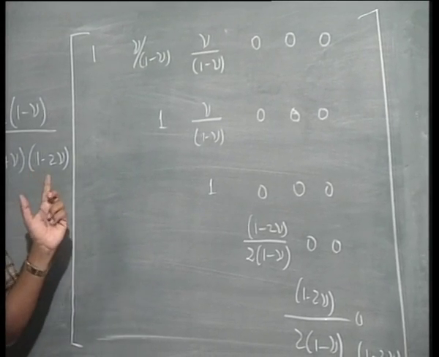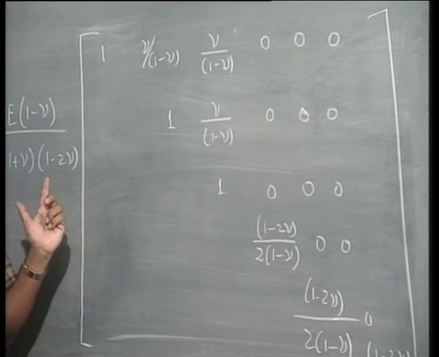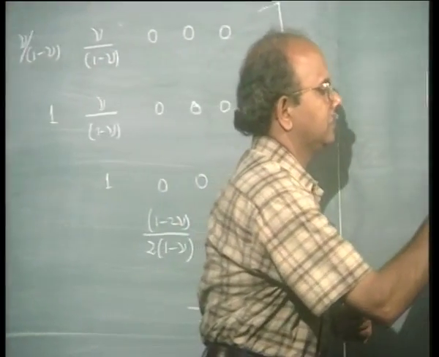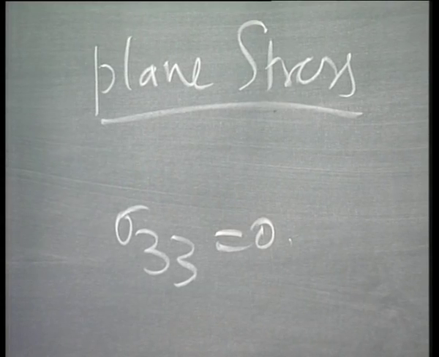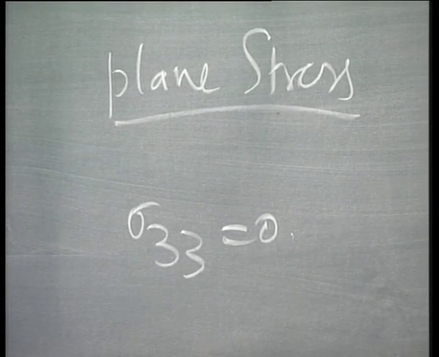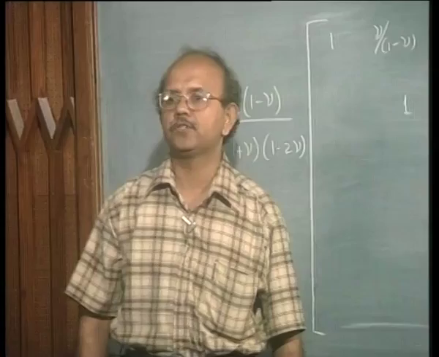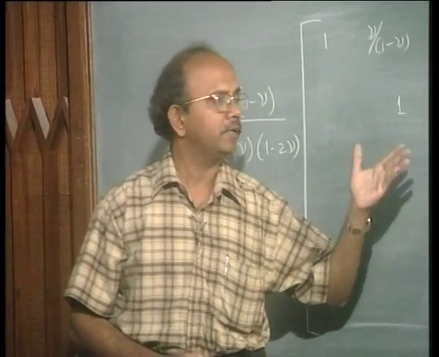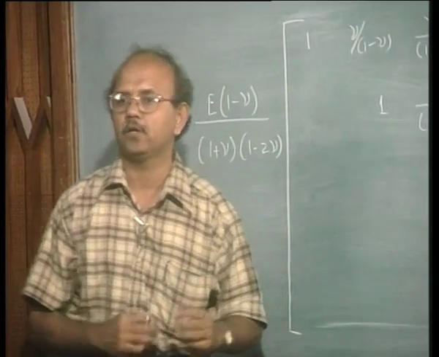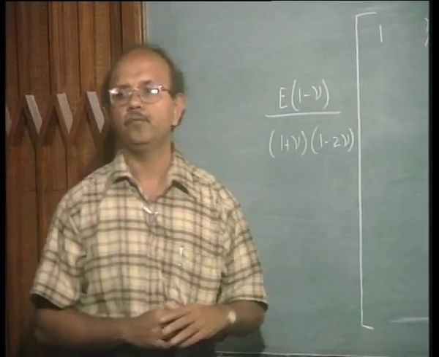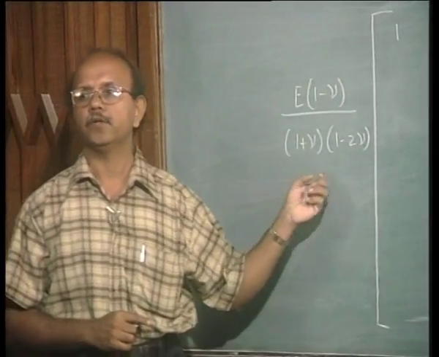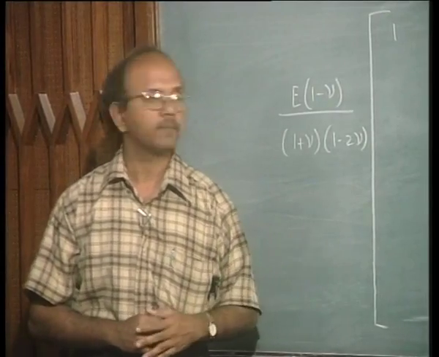What is the condition for plane stress? Sigma 3 3 is equal to 0. Right? So in other words, what is the relationship between epsilon 3 3 and epsilon 1 1 and epsilon 2 2? Okay, we can very easily write it from this particular matrix.